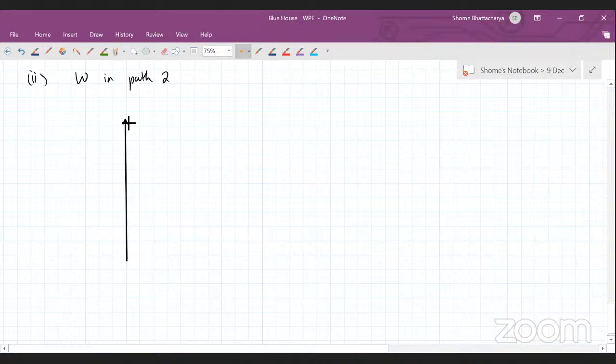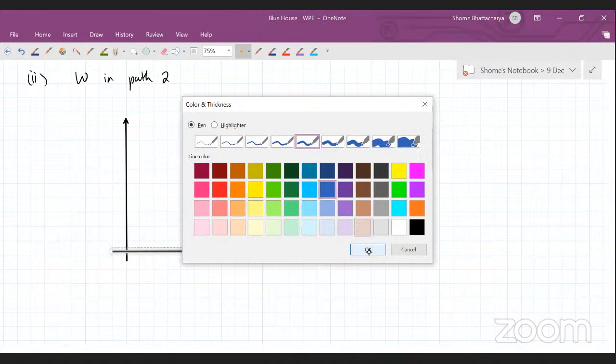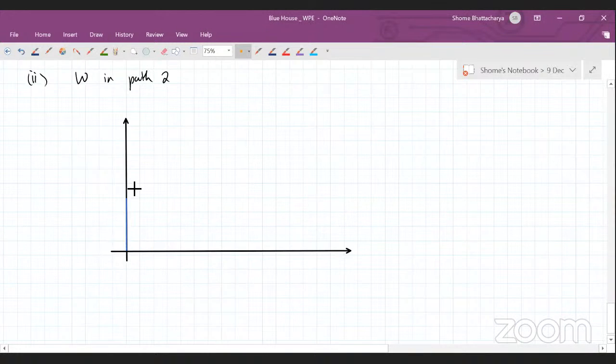So in path 2, what is happening is that first we are going along the y-axis. So we are going from the origin to this point here, let's say.